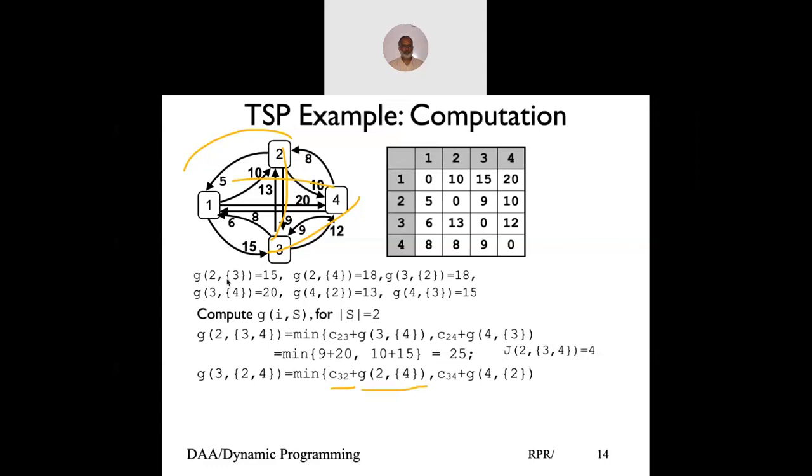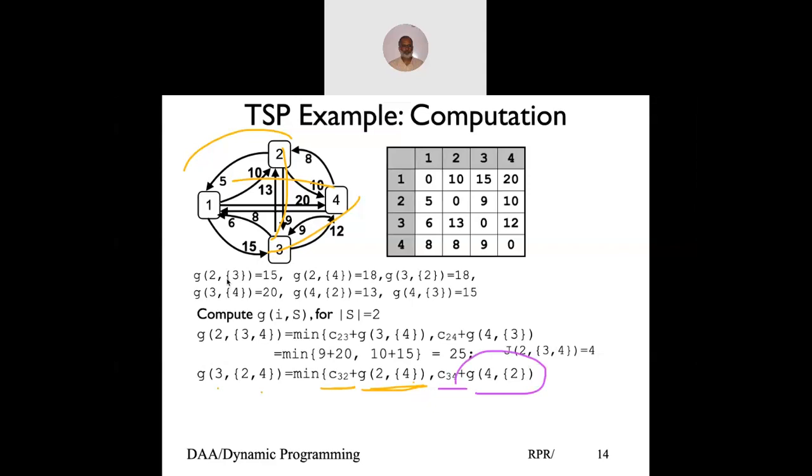Or from 3 I can go to vertex 4, and then the only vertex left is 2, so I need to find G(4, {2}).